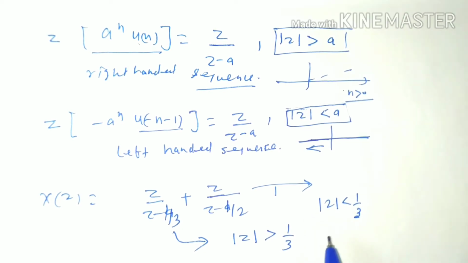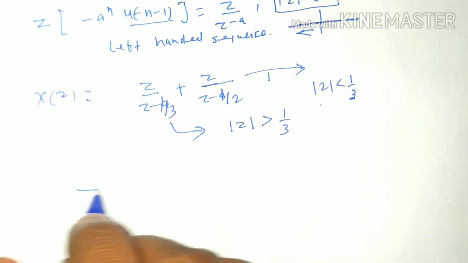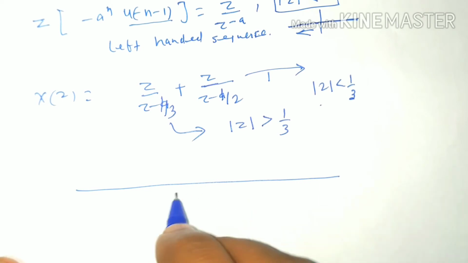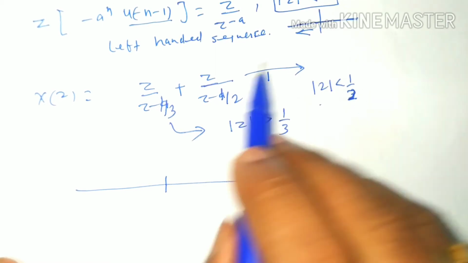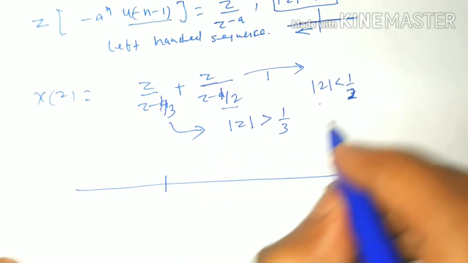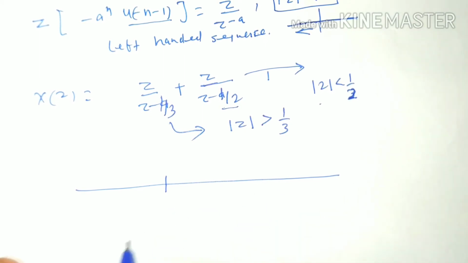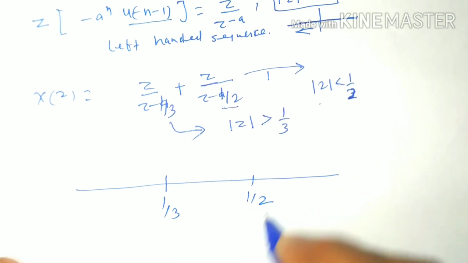If we draw a line, one marks 1 by 3 and the other marks 1 by 2.